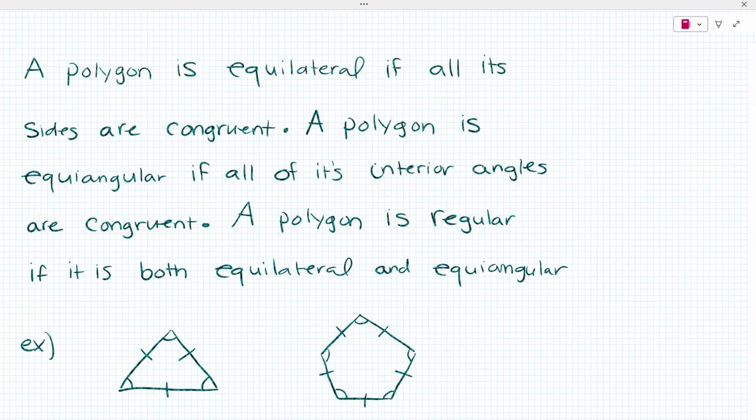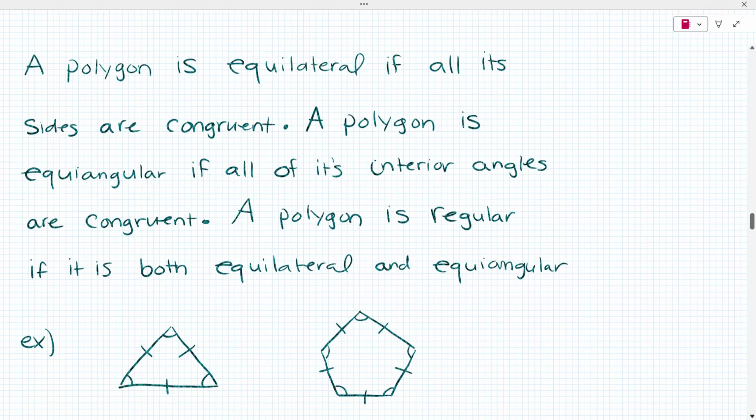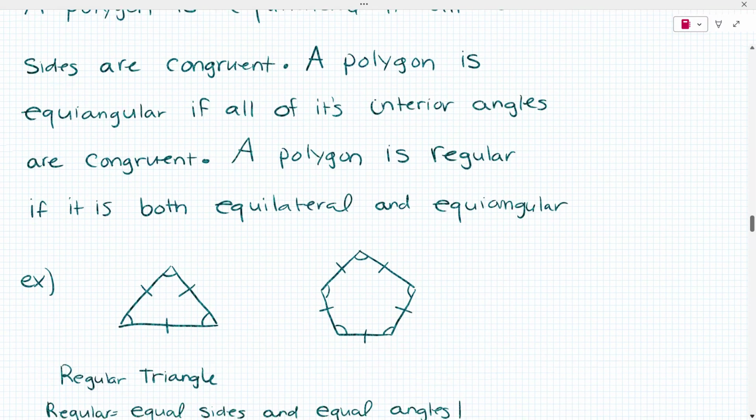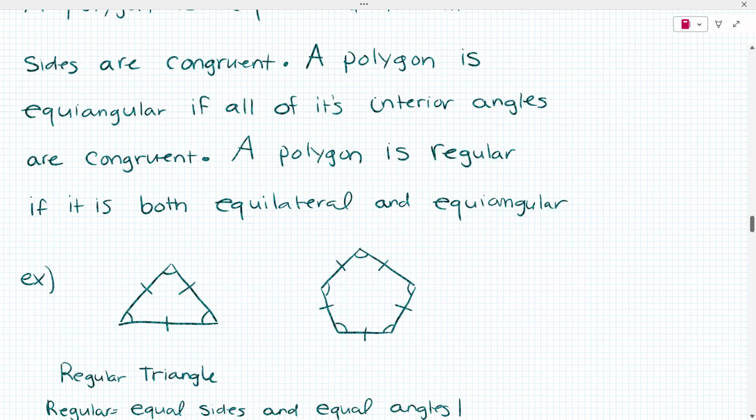So this is an example of equiangular. If you look at this triangle, see how all these angles have only one tick mark? That one single tick mark means that their angles are all equal to each other. So if all the angles are equal to each other, that means all the sides are equal. The same thing with this.